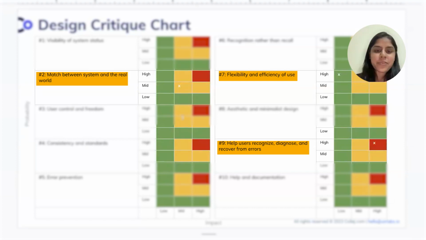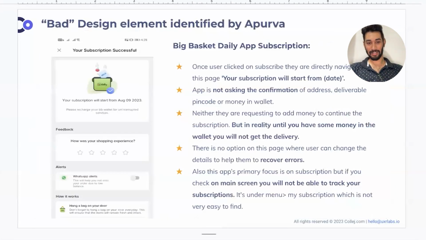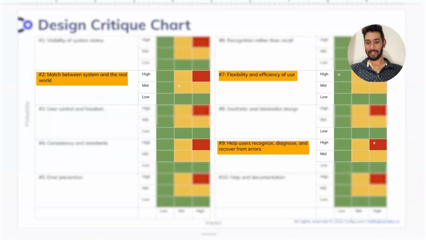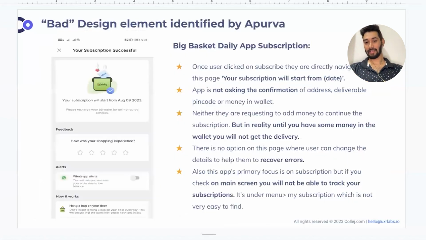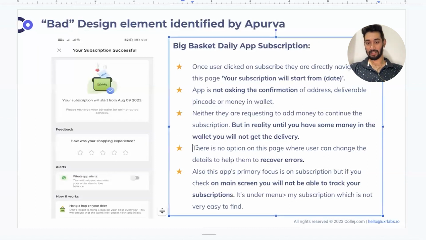So I'll just sum up what Anita has said. Basically, from what we had noticed with the problems here, we identified the top three heuristic violations and graded them accordingly. The reason we went with high probability and high impact on help users recognize and diagnose errors is because there is absolutely no option on the page that can help them change the details to recover from errors.